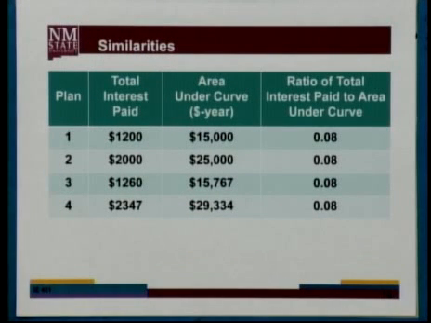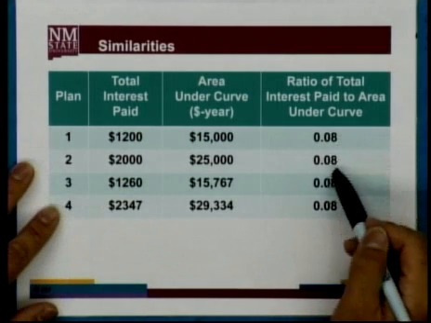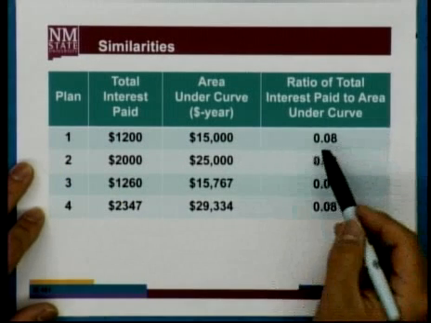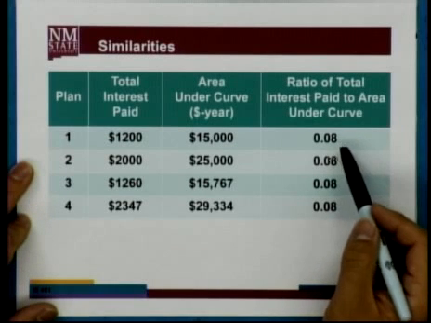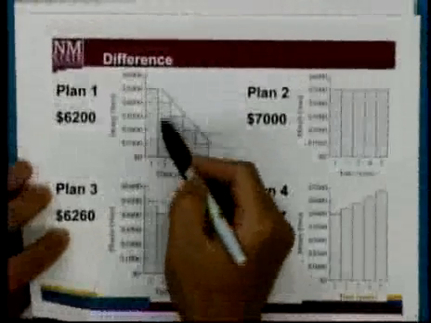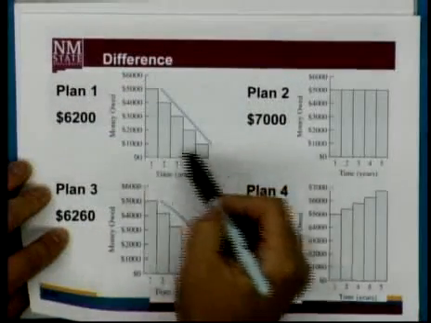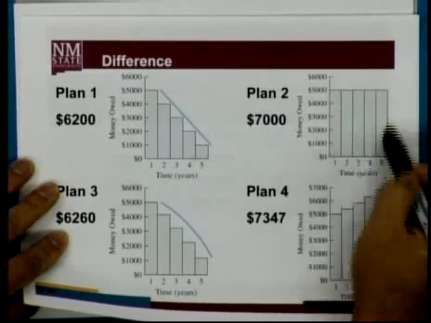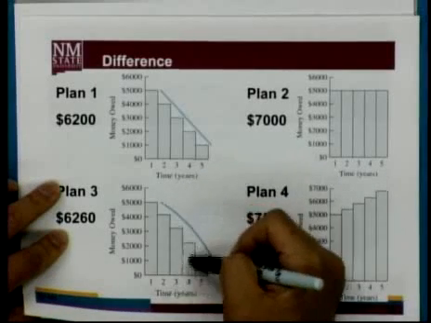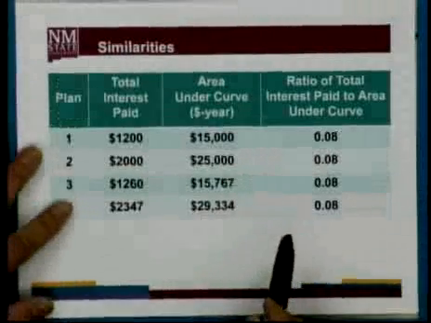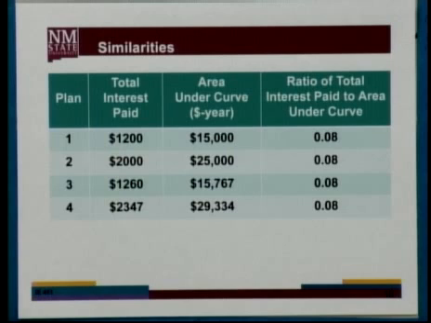All the interest charges were calculated at 8% for the 4 different plans, which means the total interest paid equals the interest rate times the area under the curve. So the area under the curve is like this in the first plan, like this in the next, and this and this in the others. And what other similarities can you find?